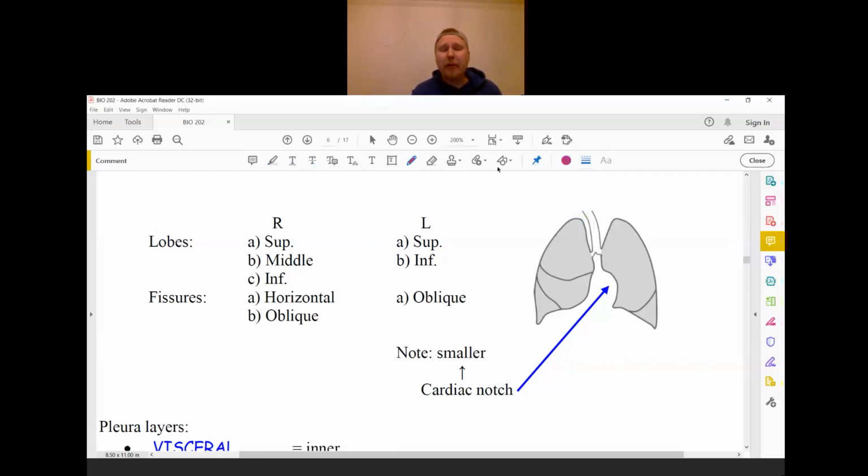We remember that the right lung is going to be larger than the left lung. And let's think of the explanation for the small size of the left lung, remembering that this was where the heart was located. So it takes a large portion of the left lung's space.